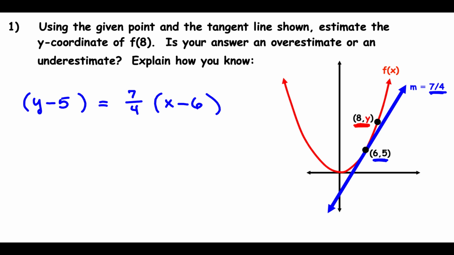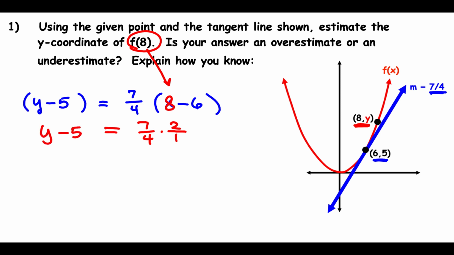Now, to figure out what we're being asked for, let's go ahead and take the 8, because we want to find f of 8. And we'll plug the 8 right in here where this x is. In fact, I'll just change it to an 8. That's pretty slick. 8 minus 6, that'll be 2. Bring down the 7/4.